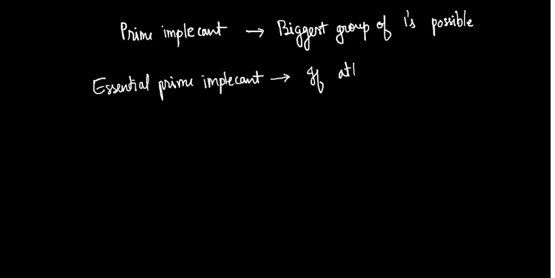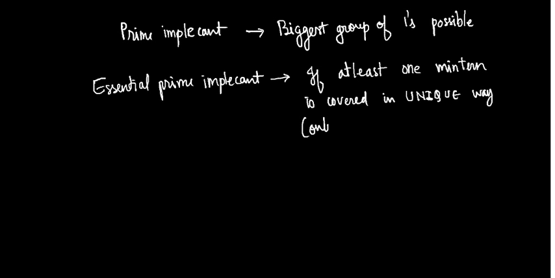If at least one min term is covered in a unique way, only one possibility, then that is called an essential prime implicant.